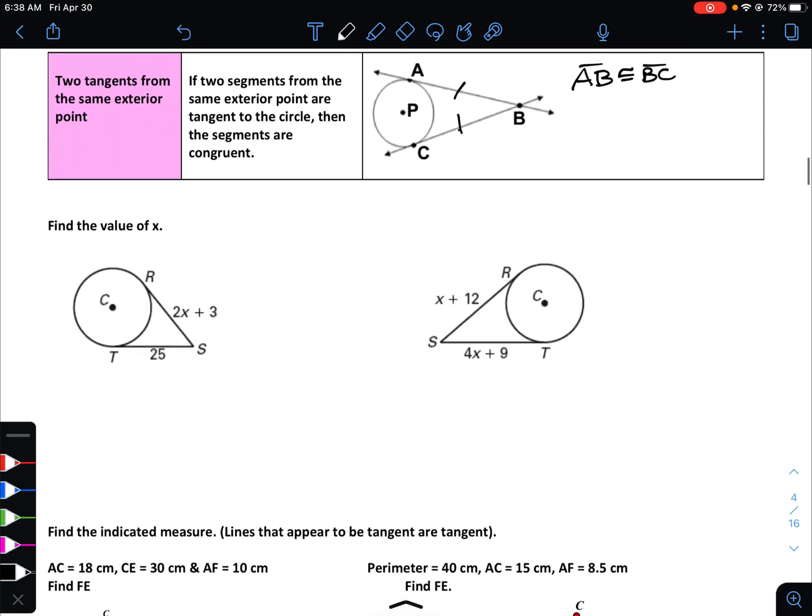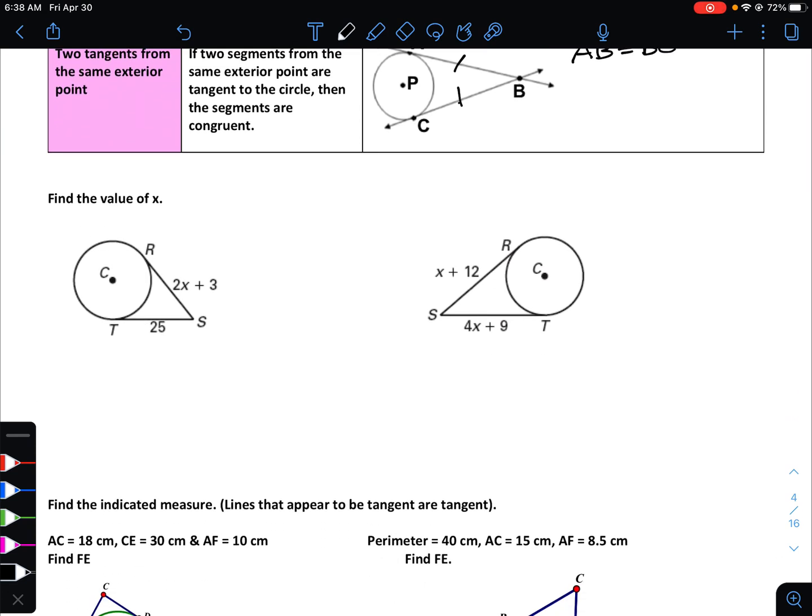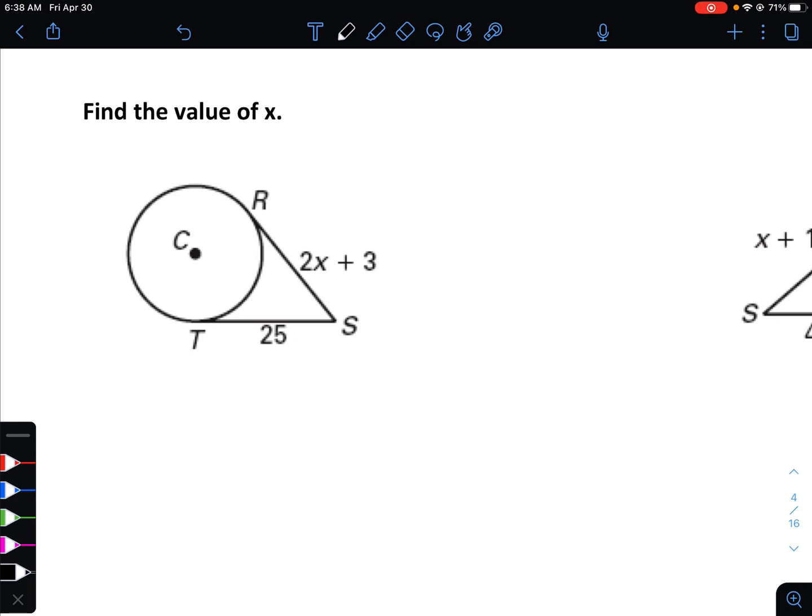Okay, so let's use that to help us with a couple of examples. On this first example, we've got our circle with center C, and then we've got our line segment RS and our line segment TS. Using that information, these two line segments have to be congruent, which means they have to be equal to each other.